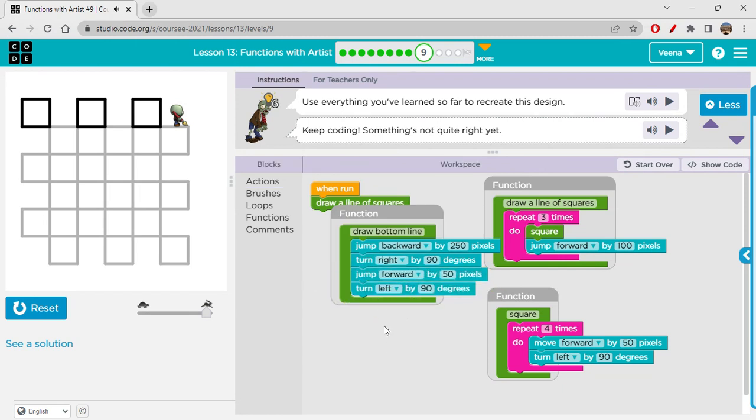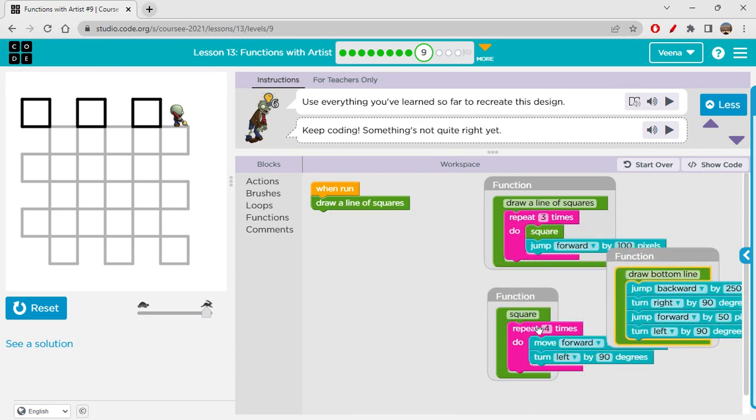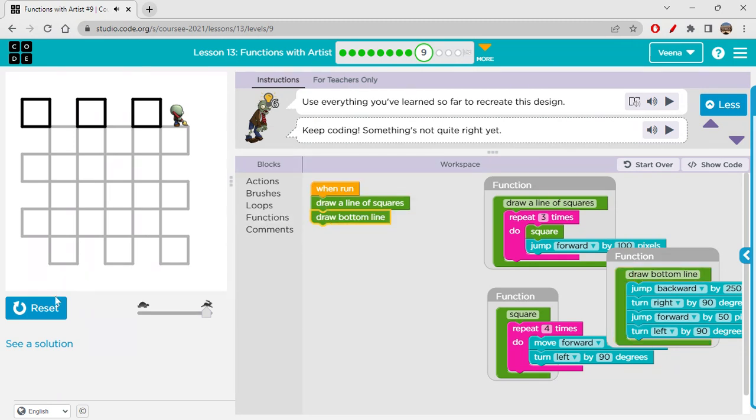Okay, so this draw bottom line thing, what we shall do is, after drawing a line of squares, we'll call this function called draw bottom line. Let's check it out.